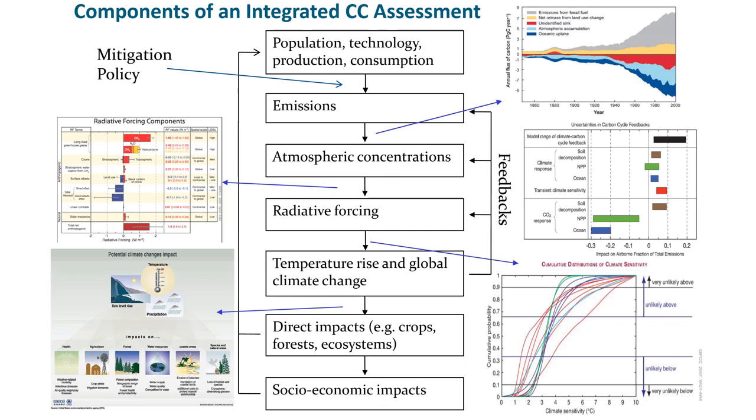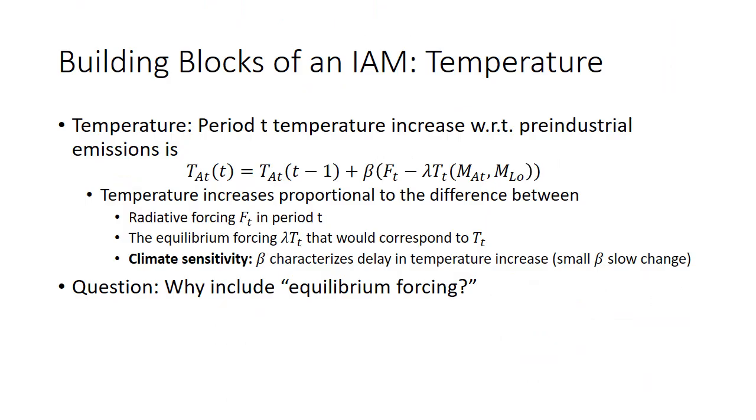That was radiative forcing, which brings us to temperature increases and global climate change. How is temperature modeled? It's done with this equation here. Period T temperature increases with respect to pre-industrial emissions as follows.